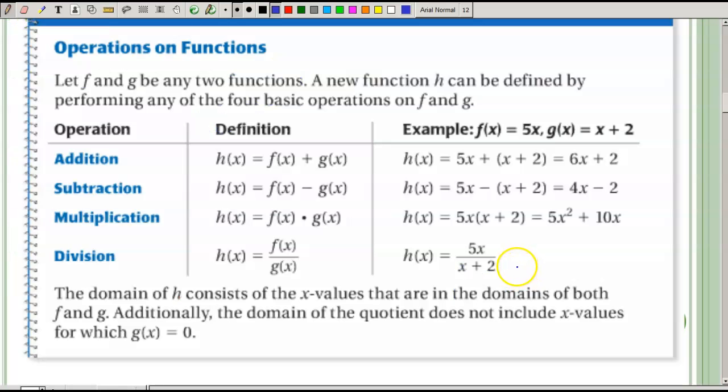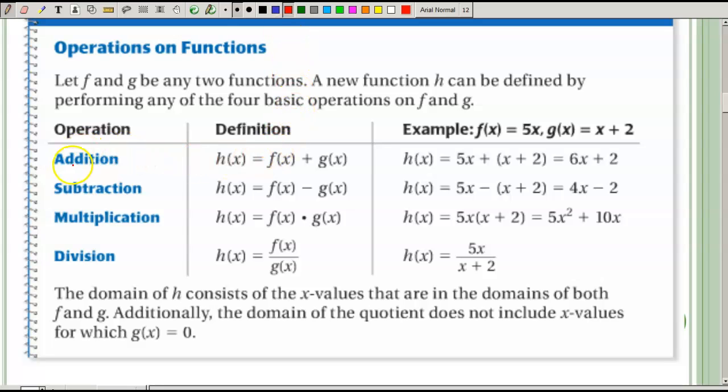All right, so the first thing we're going to look at is operations on functions. If we have a function and we use function notation, so I have f of x or g of x or h of x, then we can treat functions as kind of separate entities where we can add them, subtract them, multiply them, and divide them.